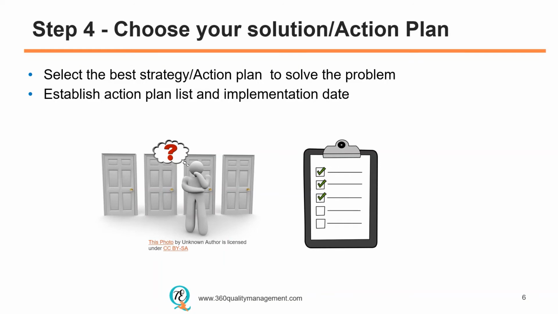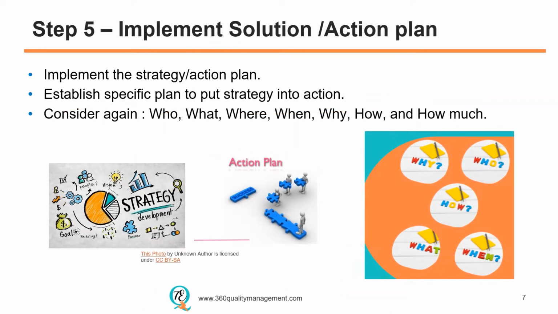So the next step, step 4, is that after we evaluate all the potential alternatives or action plans, we will need to select the best alternative or the best action plan and then create a real action plan list with implementation dates to get the action executed properly.